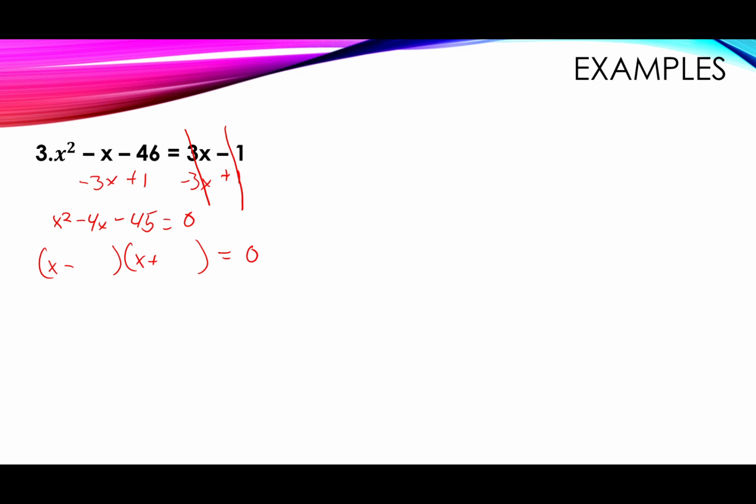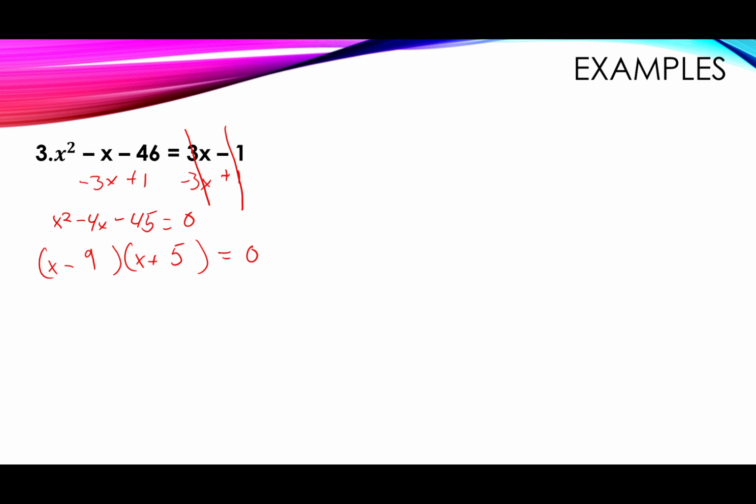All right, so 45. Factors of 45. You can use your calculator, or you can just kind of think, oh, well, 9 times 5 gets me 45, and if I subtract 9 from 5, that will give me -4.